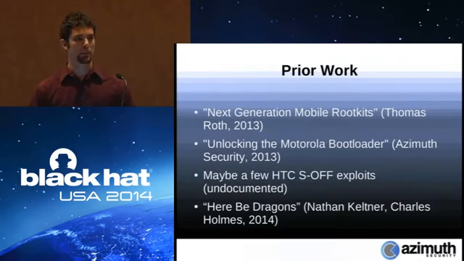Prior to today, there's actually been very little public research on attacking TrustZone. Thomas Roth gave a talk in 2013, I believe at CanSecWest, called Next Generation Mobile Rootkits, in which he described using TrustZone as a platform for surreptitiously spying on a user, and noted that it's a particularly good choice for this kind of activity because even if a user has the ability to control the kernel, they do not have the ability to look into TrustZone to see if any sort of malicious activity is going on.